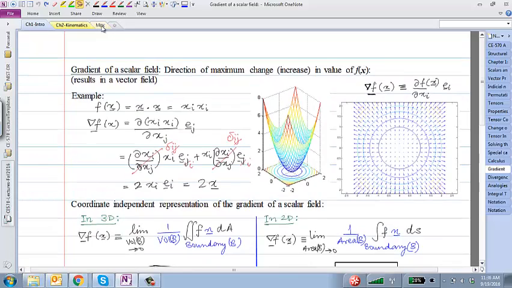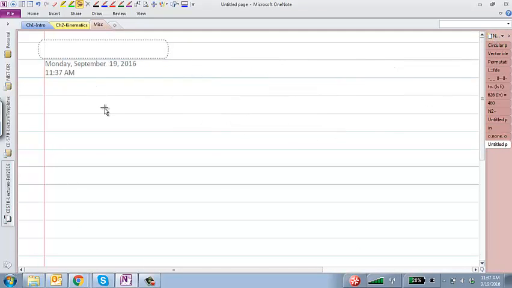So maybe I'll take a very quick example here. Let's set up a scalar field of a vector variable. Anybody want to give me an example of a scalar field of multiple variables, 2 or 3 variables? Say again. X, Y, Z. Okay. I will write it as x1, x2, x3. That's x, y, z. The gradient of that scalar field shouldn't be marked as a tensor, but a vector.